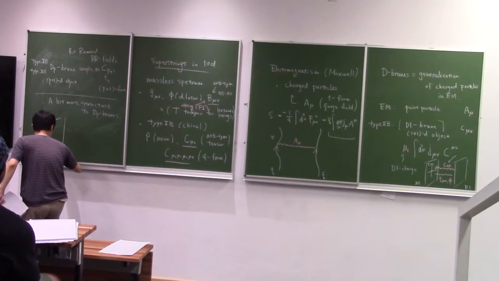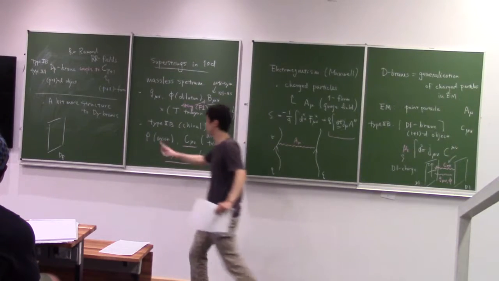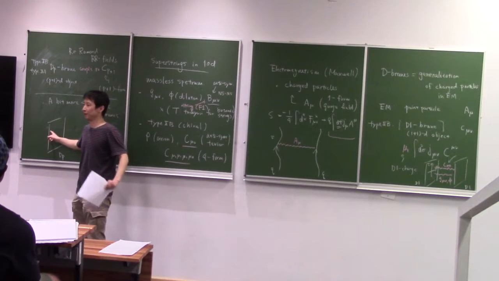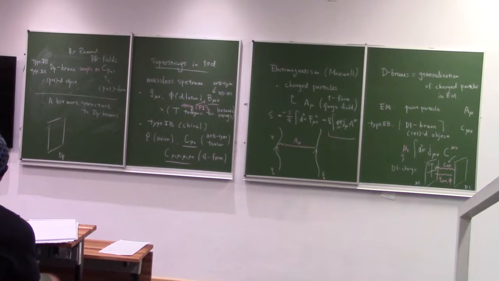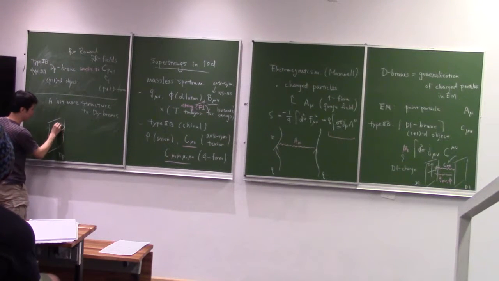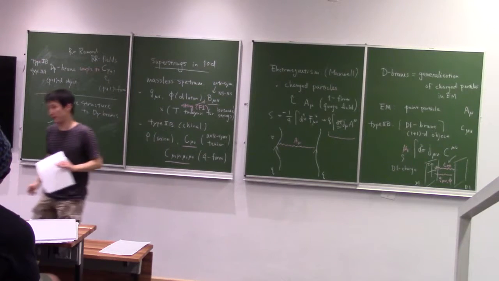So here's the Dp-brane. And this is something you might know. So what structure does it have? I haven't talked about one important thing. What am I missing? Yes, good. The D-brane is an object where open strings can end.